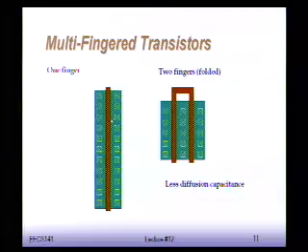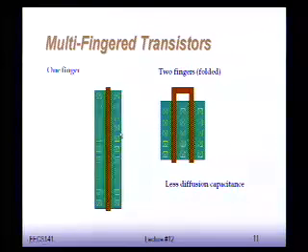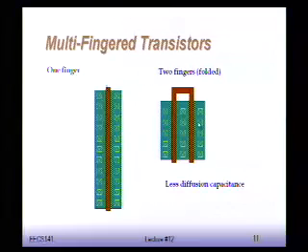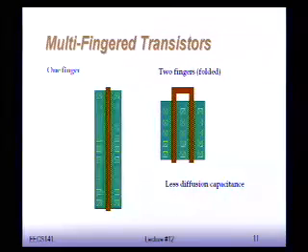As you can imagine, if I have two transistors, each of them has an individual drain and source, okay? So you end up with 4 possible connections for the drain and the source, 2 for each. So what you can do is you can try to combine the two transistors into a single multi-finger device, which is a device that has 2 fingers, which is what is done here, okay?